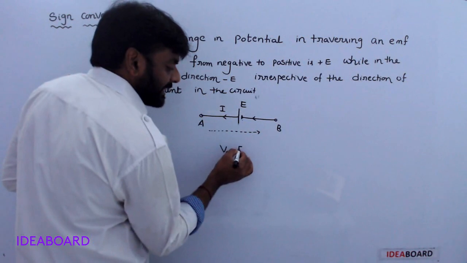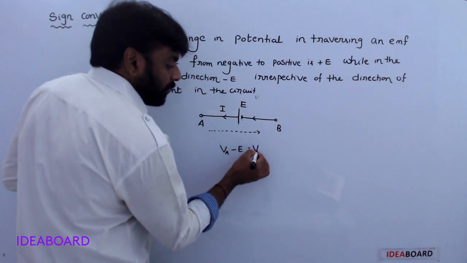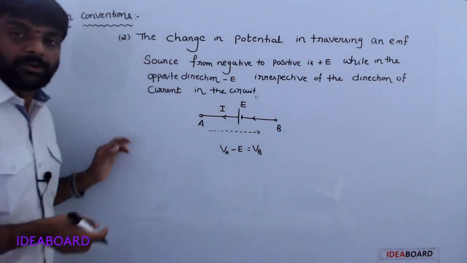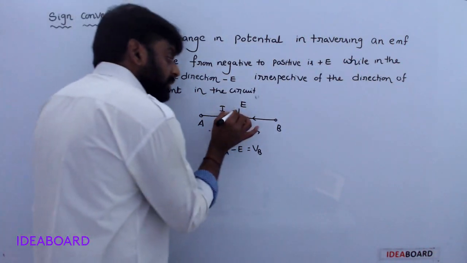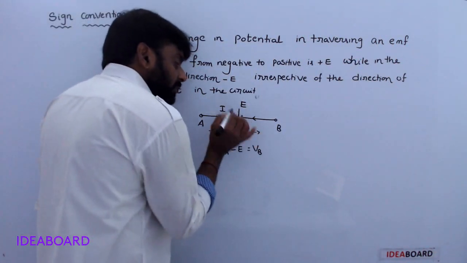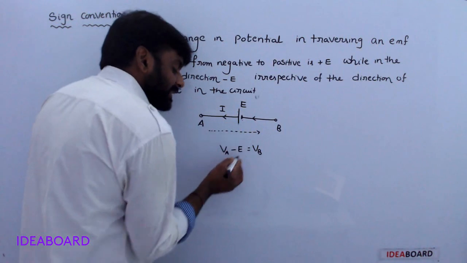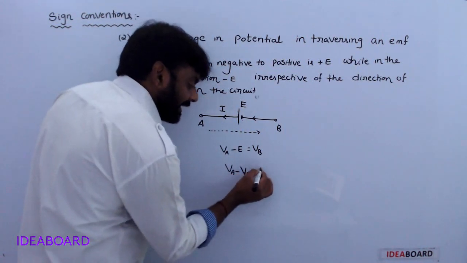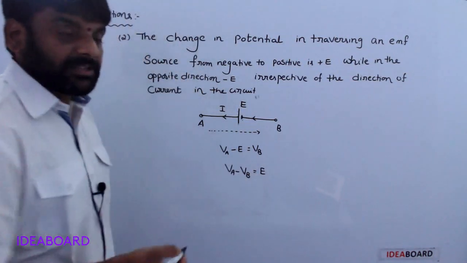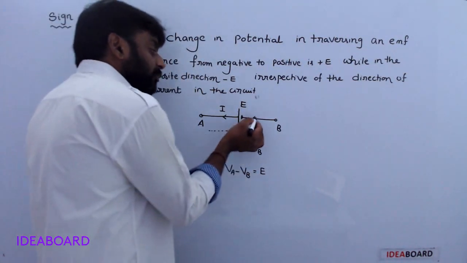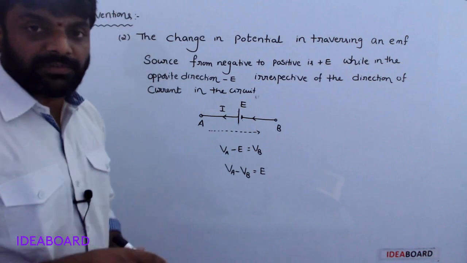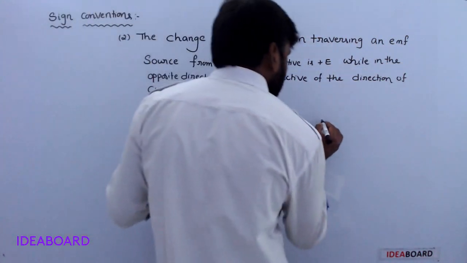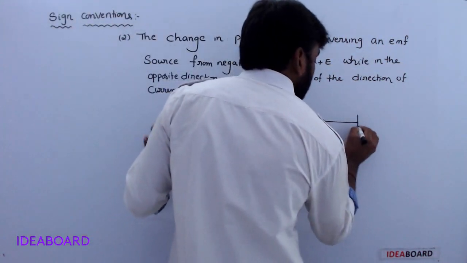So you are taking minus E is equal to VB. From positive to negative, so you are taking minus E. VA minus VB is equal to E, irrespective of the direction of the current.